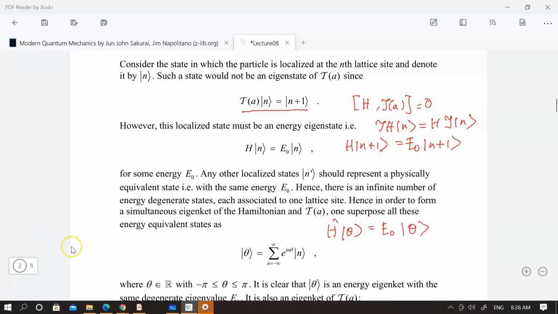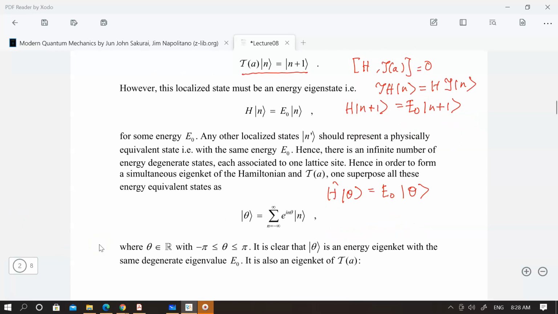One can simply add it on the eigenstate, and then this is just a constant for each n, of course, and you can bring your H onto the ket n and get that. So what is this theta here? Theta is any real number between minus pi and pi, by virtue of the complex exponential values.